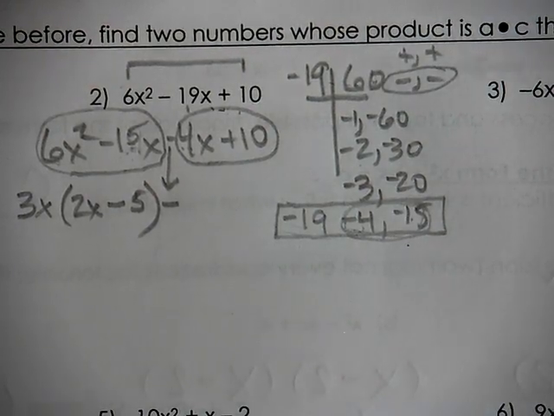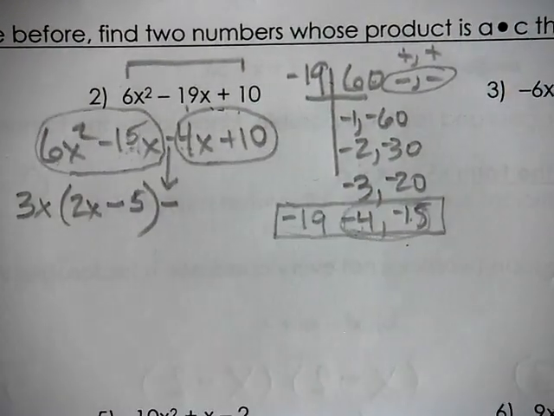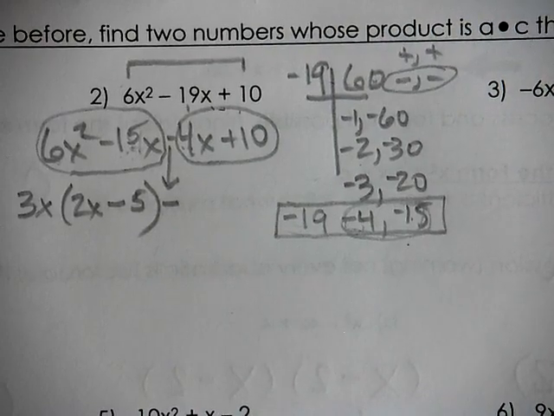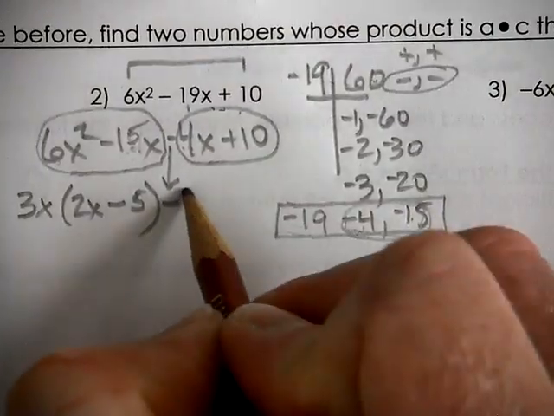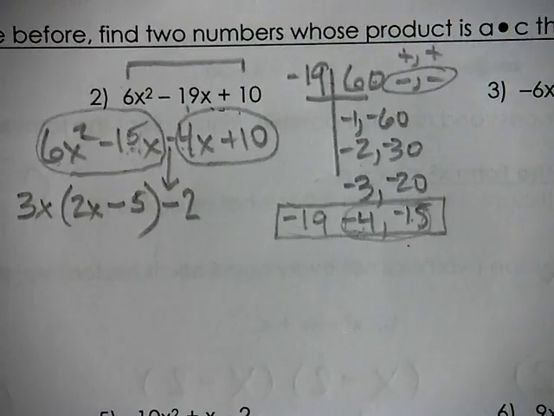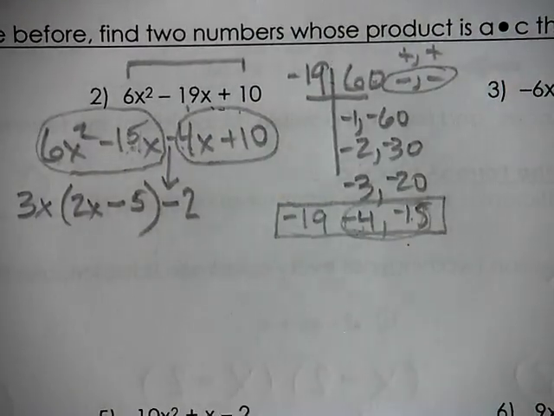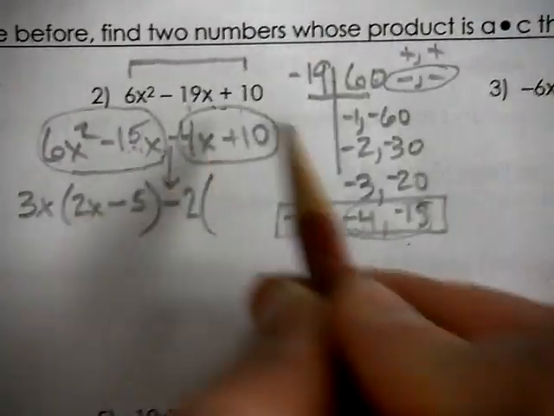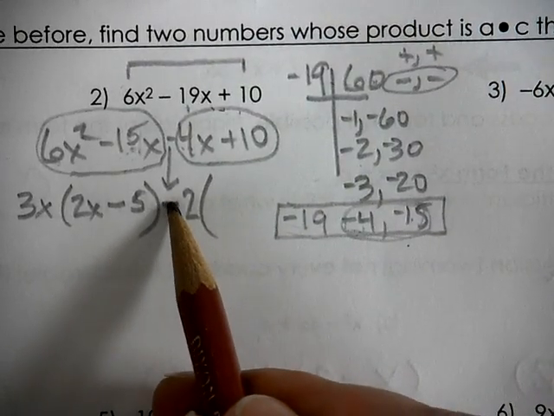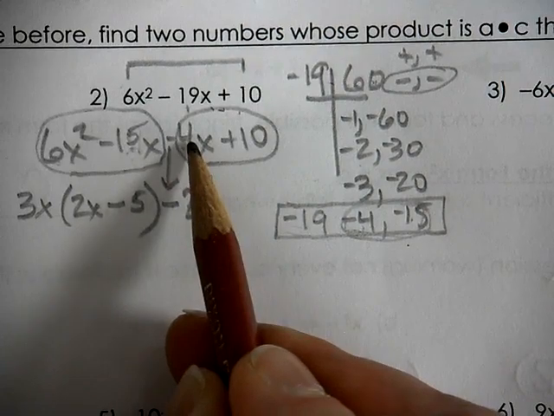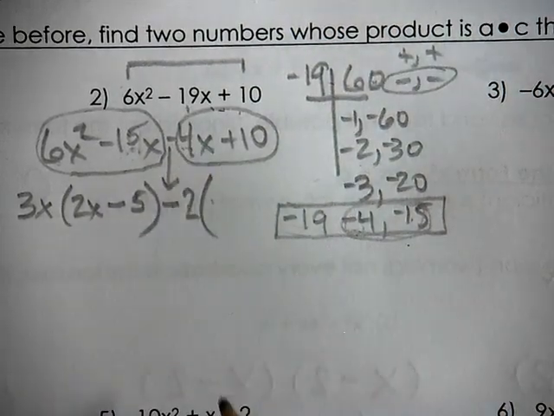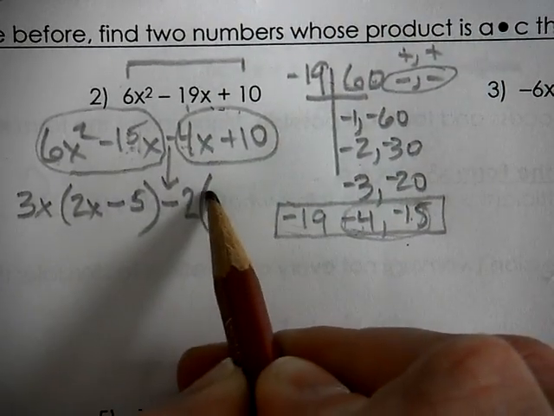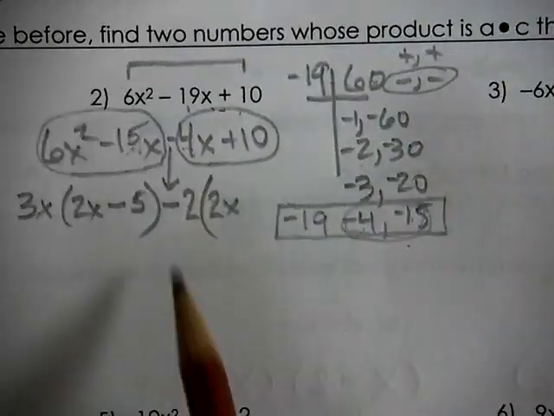I want you to start thinking about this. What can we factor out of 4x plus 10? Factor out a 2. It's never going to have an x because both terms don't have an x. You need to be observant to that. They never will on this second pairing. So, negative 2 times what makes negative 4x? 2x.